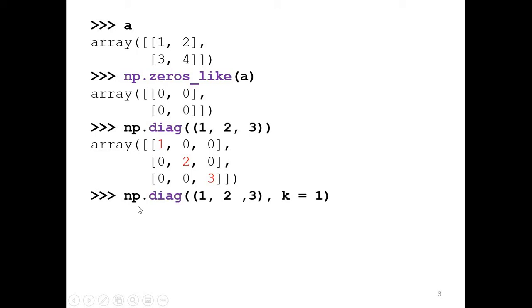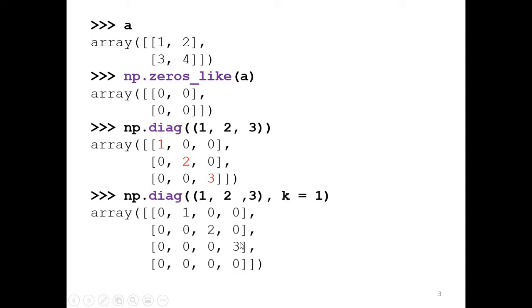If you write np.diag 1 2 3, now you write with a keyword argument k, say k equal to 1. That means you have created a matrix with the first off-diagonal. The main diagonal is 0 0 0 0, and k equal to positive 1 means the first off-diagonal on the upper side will be 1 2 3.